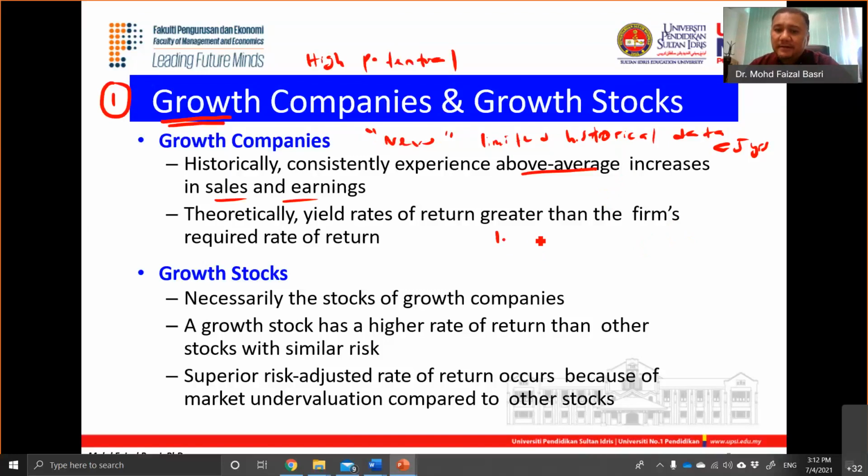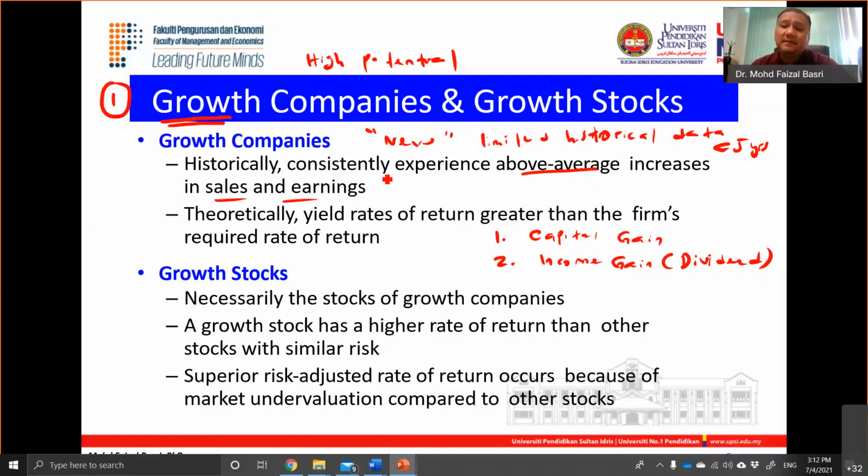We have capital gain, and we also have income gain. And one of the income gain is dividend. Right? So for capital gain, no issue.